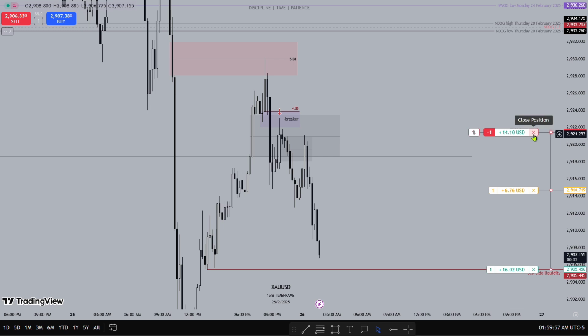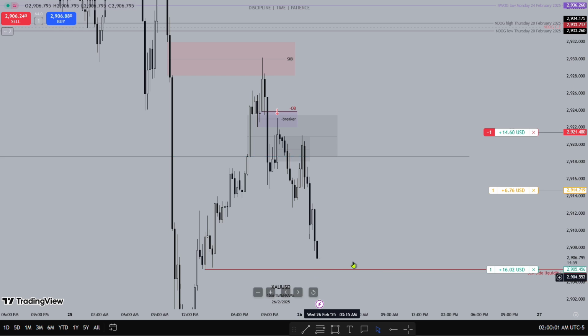Let me just close this trade. I don't know if I should hold to because it's just one contract. And sometimes it's just stalling and stuff. But it looks like it might get to that take profit.